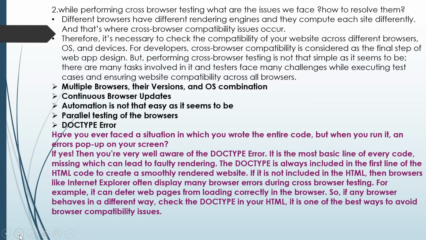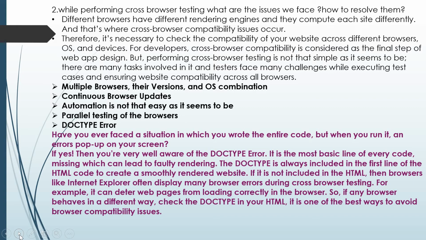So this is how you will be doing the latest browser testing. You might do it for your application in a different way, but in general this is how it works. So there are versions and OS combinations, and continuous browser updates. Firefox always updates in 4 to 6 weeks.